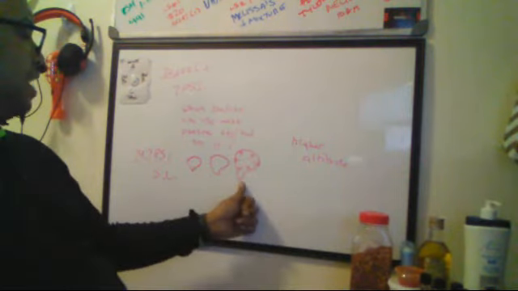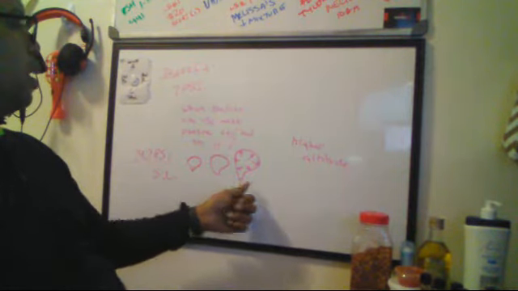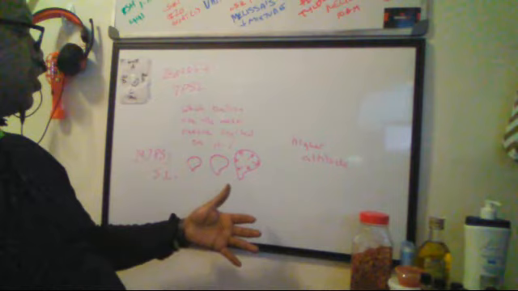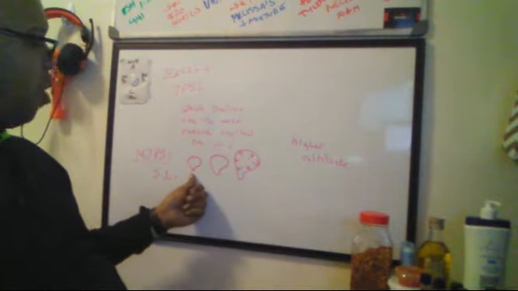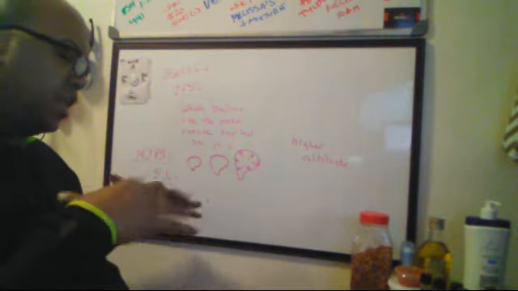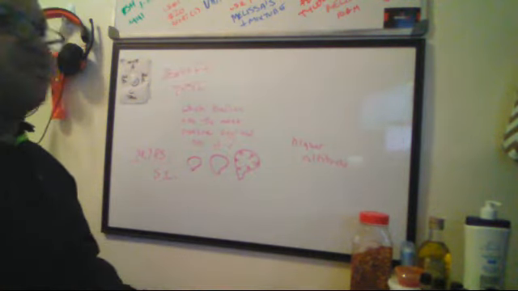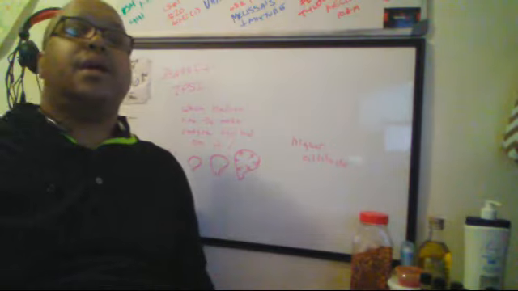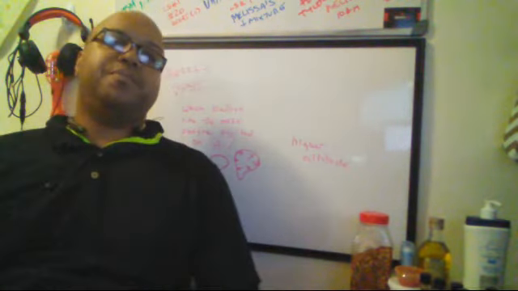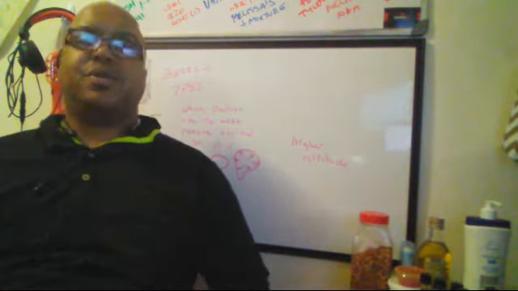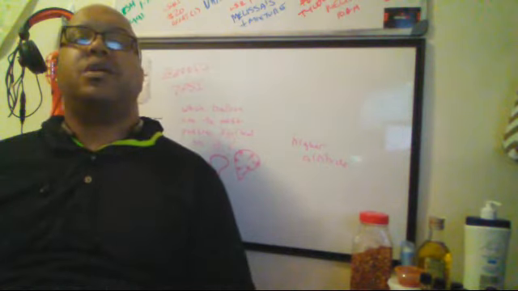This will be the one at the highest altitude, or has the least amount of pressure exerted on it. The smaller balloon will be at the lower altitude and have the most atmospheric pressure exerted on it. Okay, so we got another live stream down.